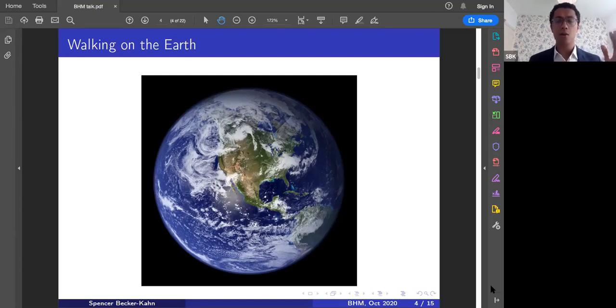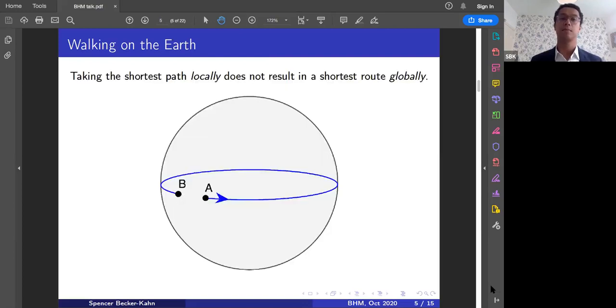So if I continue walking in this fashion for a very, very long time, in theory, I go all the way around and I arrive at the spot just a few meters behind me. So I've now by no means taken the shortest path between my original starting point and my final endpoint.